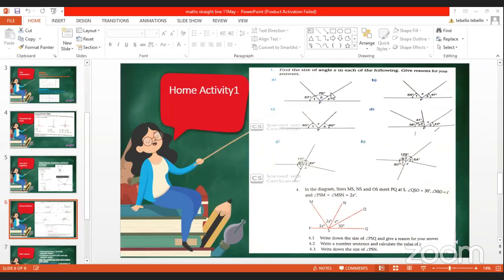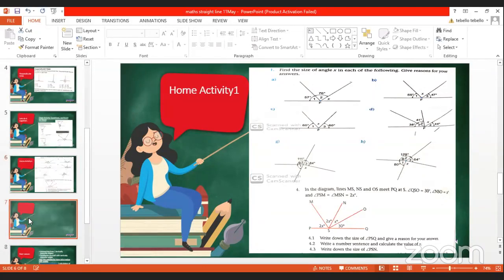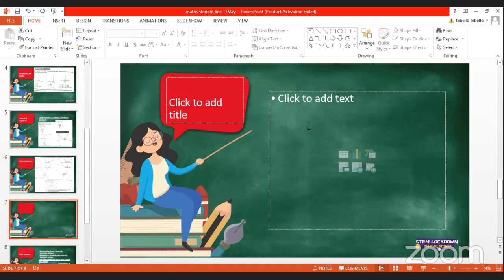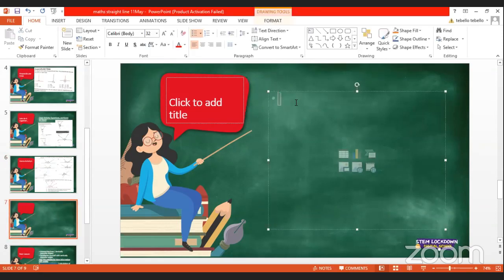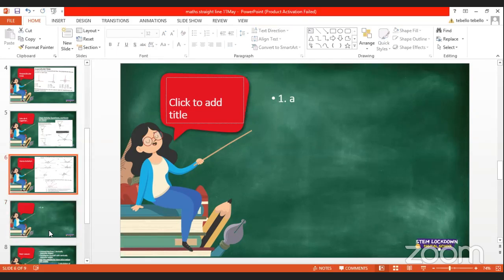So let's do our equation for number 1A. We'll have 57 plus 76 degrees.